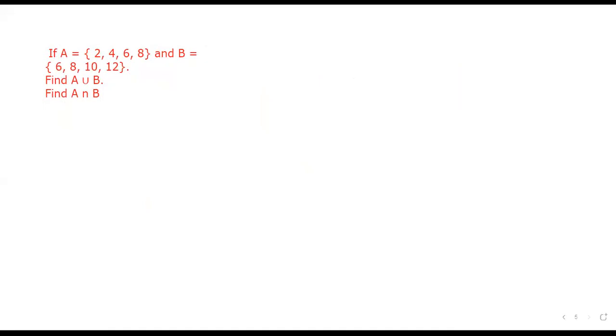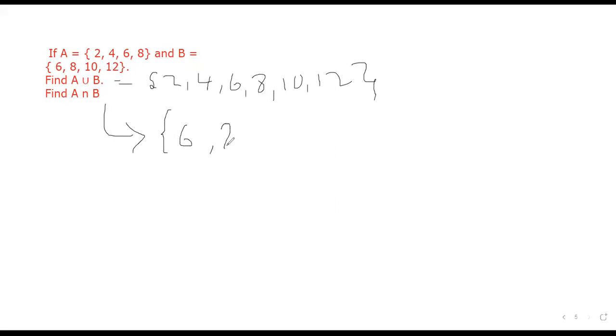A union B is 2, 4, 6, 8, 10, 12. What about A intersection B? A intersection B is 6 and 8.